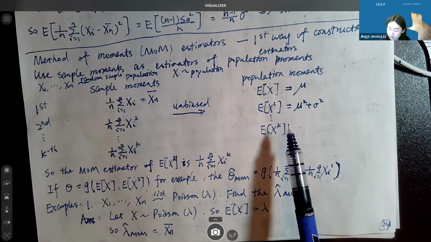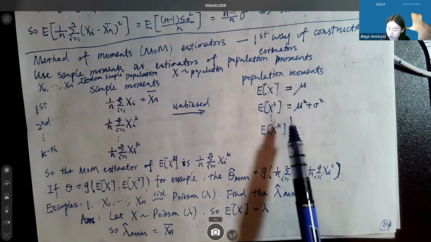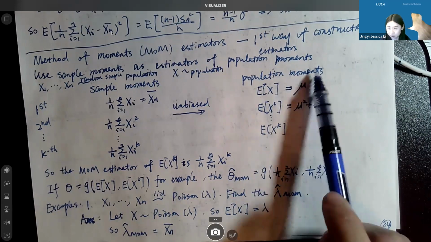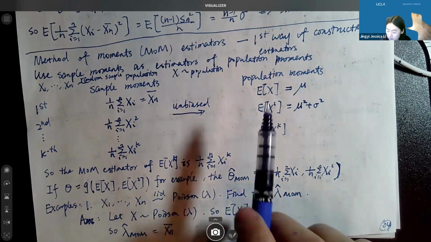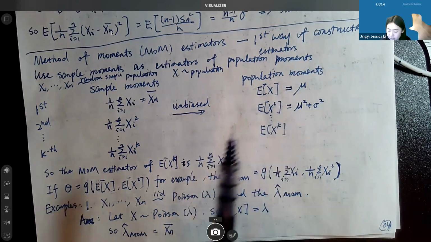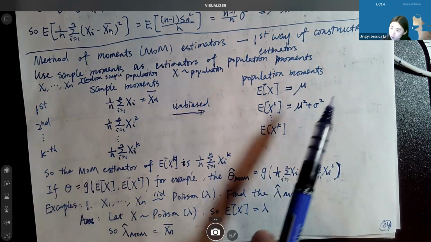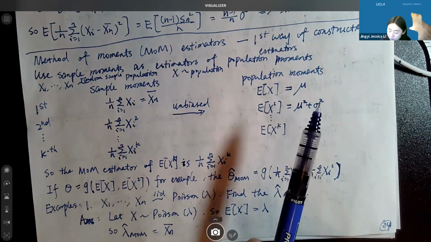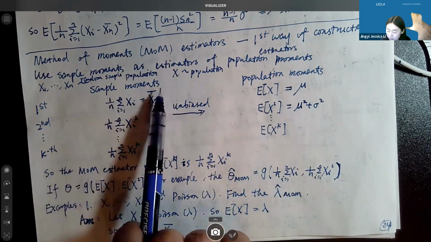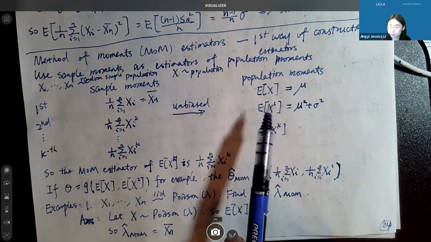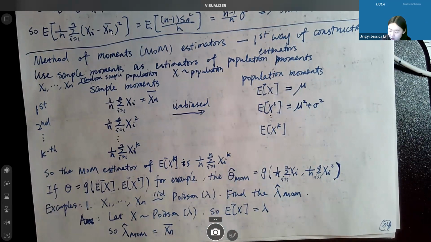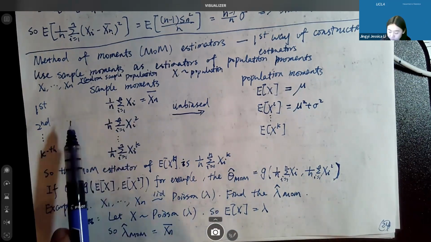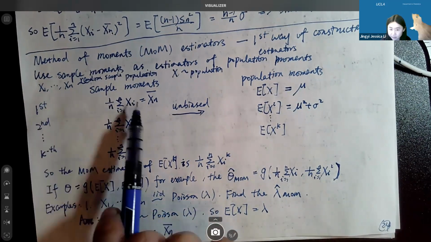And we estimate those population moments, which are themselves some parameters about the population, right? We estimate each of them by the corresponding sample moment of the same order. By sample moment, we are not taking the expectation because we don't know the population. We are taking the average of our observed sample to mimic the expectation.